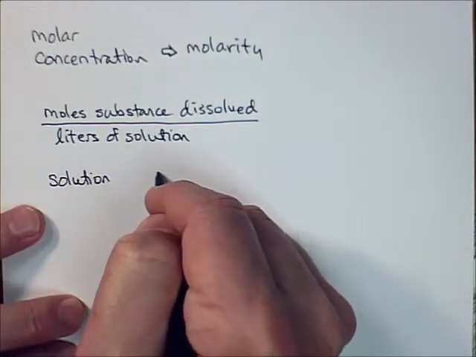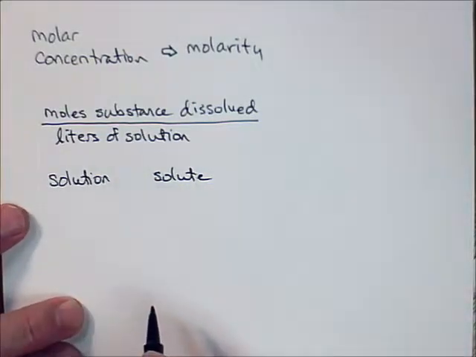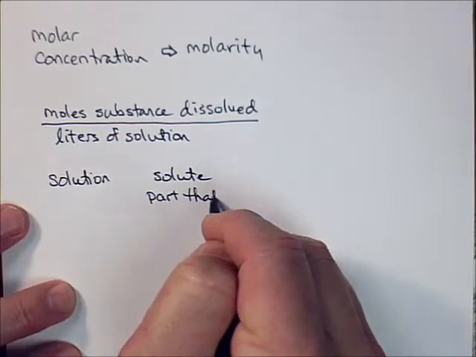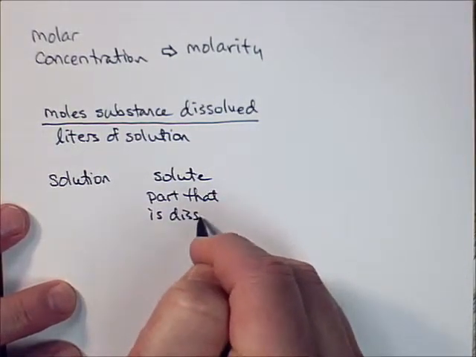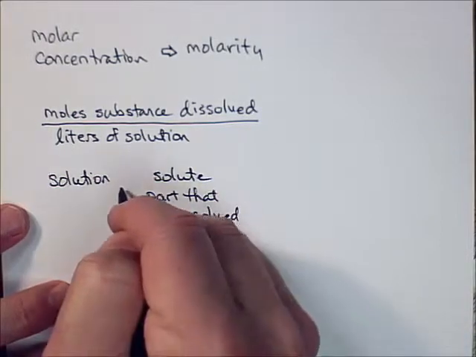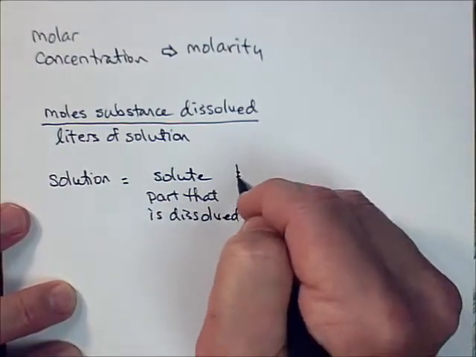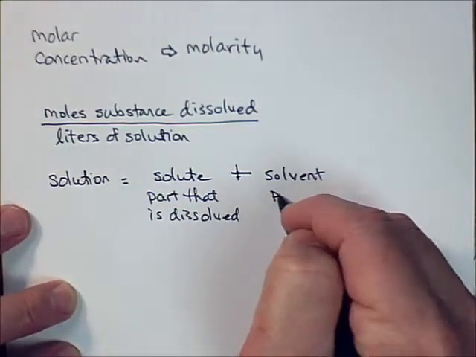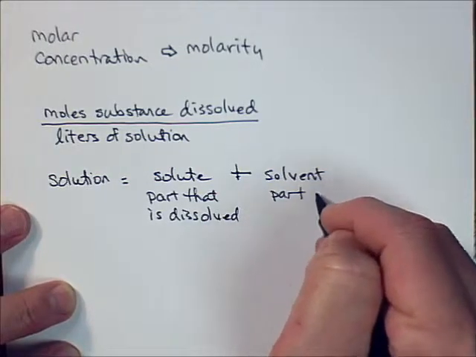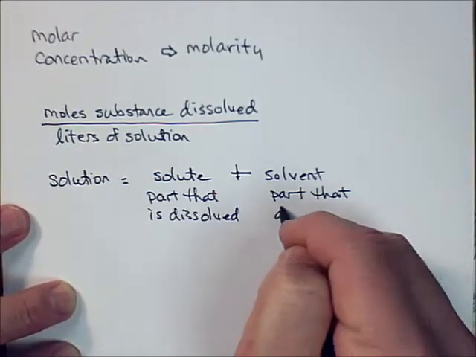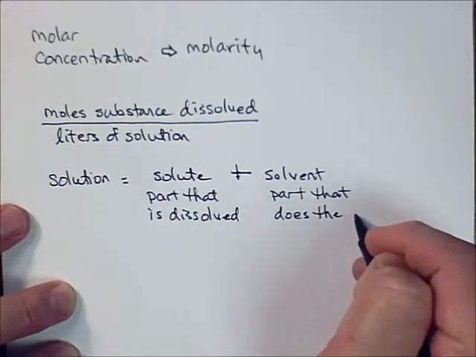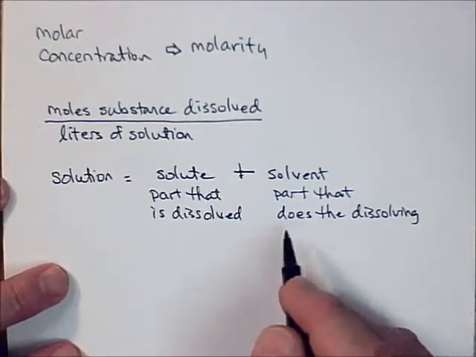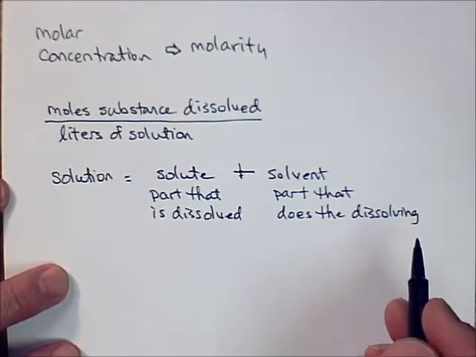Solutions are made up of both the solute, and the solute is the part that gets dissolved, and the solvent, and the solvent is the part of a solution that does the dissolving. And then 9 times out of 10 in high school chemistry, the part that does the dissolving is going to be water.